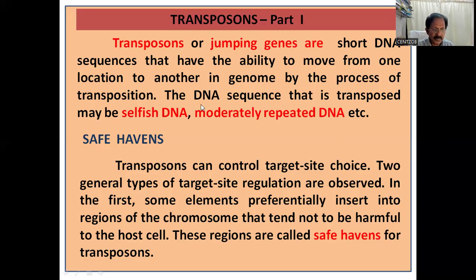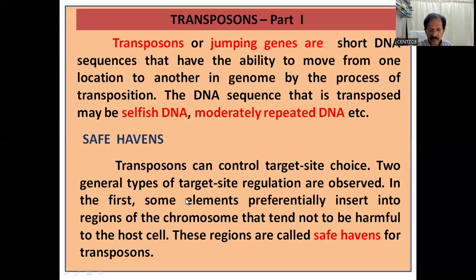Then what are safe havens? Transposons can control target site choice. That is, a transposon can control the target site where the transposable element is inserted. Two general types of target site regulation are involved.